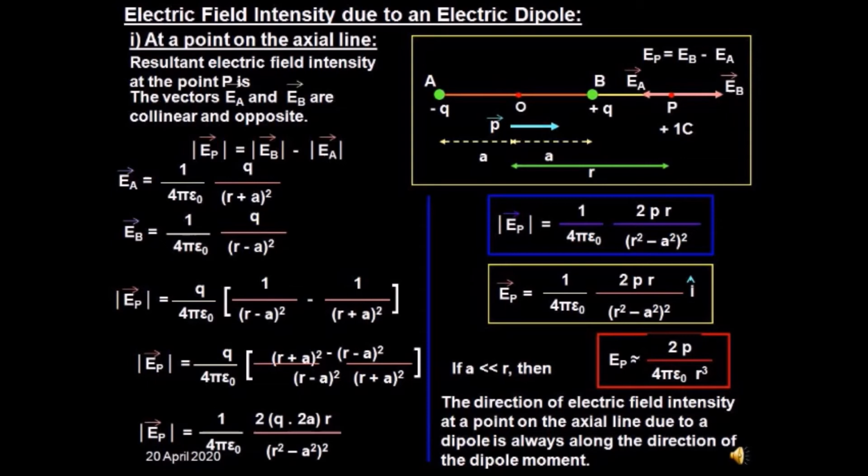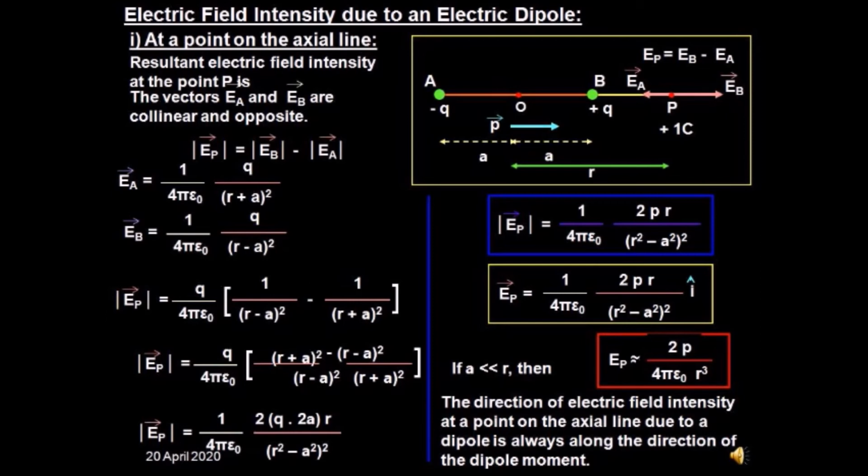In the EB formula, the denominator R minus A square is smaller, so the whole fraction EB will be greater. So using this logic, we can see that EB is greater. If we compare EA and EB's denominator, EB will be greater. That's why the net electric field EP formula will now be EB minus EA.